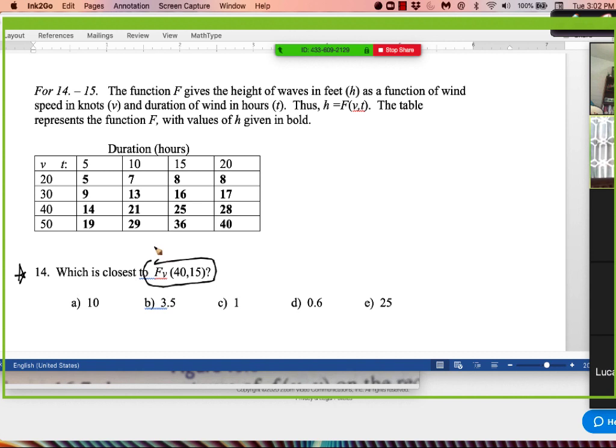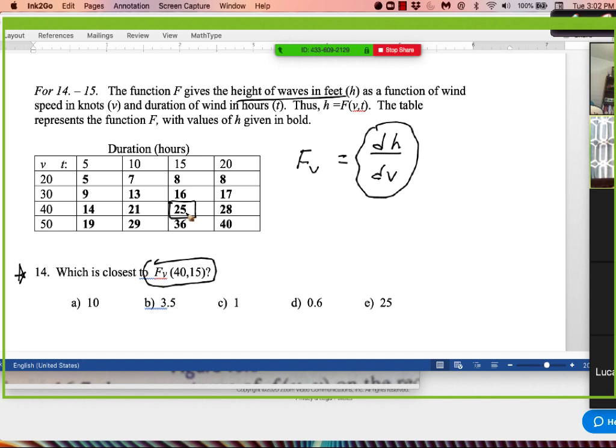Okay, so we're looking at 40, 15. And remember, that partial derivative with respect to v is generally going to be the change of height of waves per change in speed in knots. So we're estimating this ratio of the change in height to the change in speed.